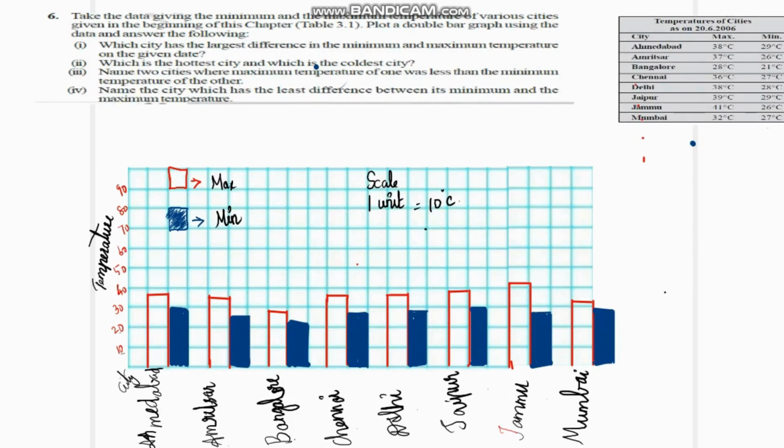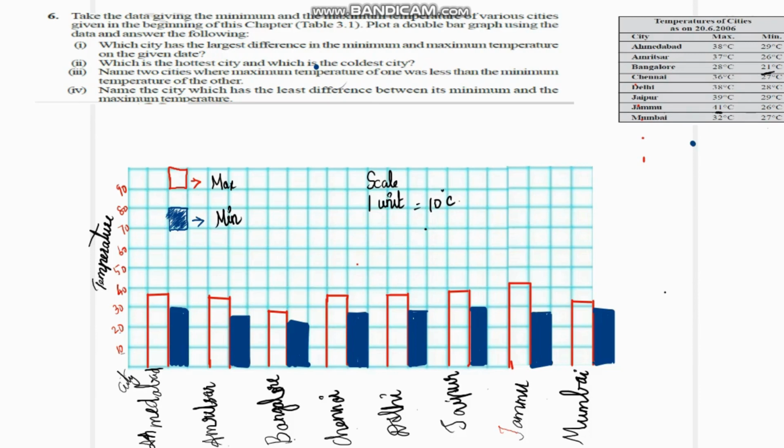Okay, the second question: which is the hottest city and which is the coldest city? Here, by seeing this graph, the hottest city is Jammu and the coldest city is Bangalore, which is the lowest. Jammu has the hottest temperature, 41 degrees Celsius, whereas the coldest city is Bangalore at 21 degrees Celsius.